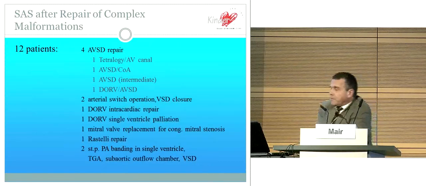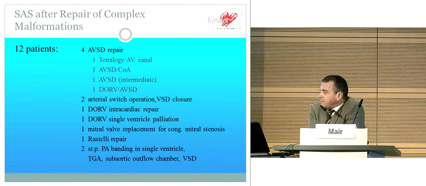This is our experience in patients with subaortic stenosis after complex malformation. 4 patients after an AV canal repair showed subaortic stenosis. Interestingly, almost all of these patients did not have a normal, simple AV canal, but had some more complicated form.